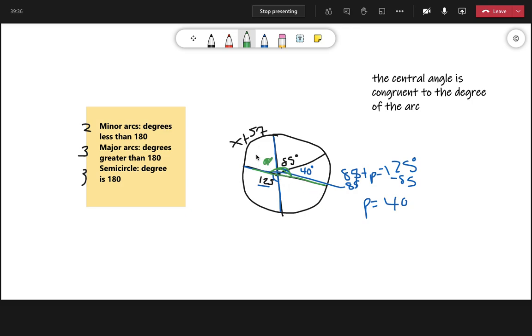Let's solve for this angle right here in order to figure out what x is. We don't know that one, so I'm going to label it as y. Y plus 85 plus 40 is equal to 180 degrees. 85 plus 40 is going to be 125.